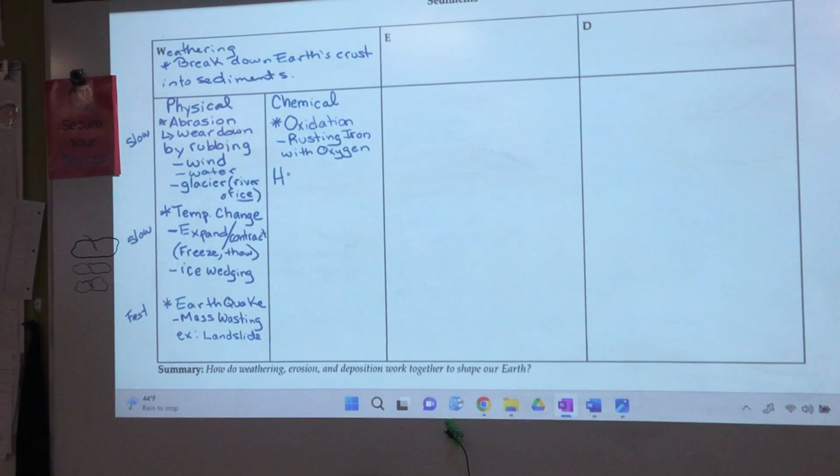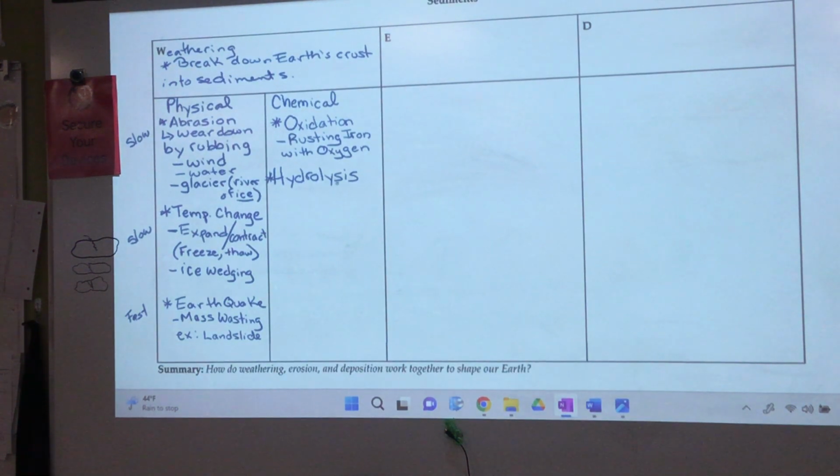This one you might not be familiar with, but I want you to look at the prefix of this word. It's called hydrolysis. It has to do with the hydrosphere. How do you know it has to do with the hydrosphere? Because it has hydro in it. And so something's going on with water. In this case, we are breaking things down with the use of water.